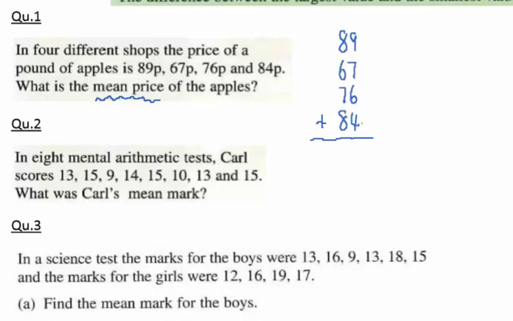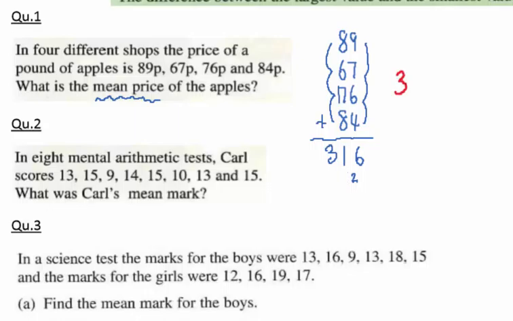So 4 and 6 is 10, plus 7 is 17, plus 9 is 26. Put down the 6, carry the 2. 2 and 8 is 10, plus 7 is 17, plus 6 is 23, plus 8 is 31. So the total is 316.